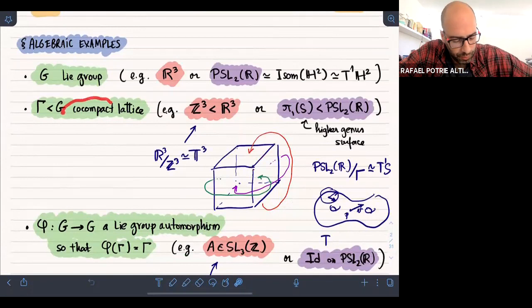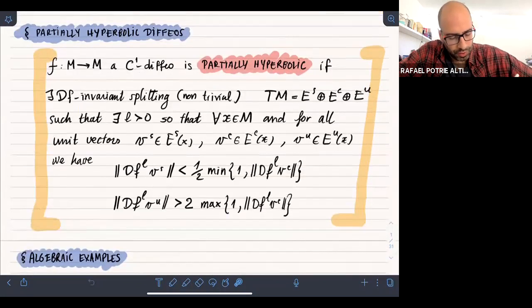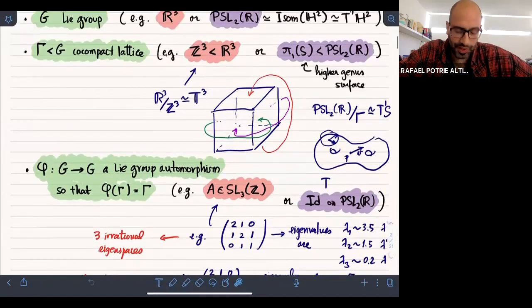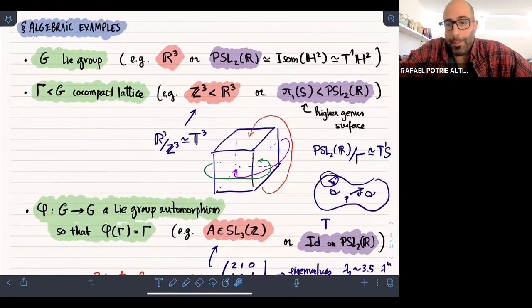The reason I will be assuming co-compact is because I'm working on closed manifolds, and there are many reasons for that, but the main reason is because it's easier. I will restrict to that case.